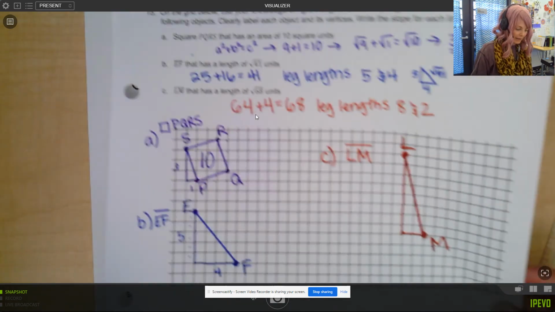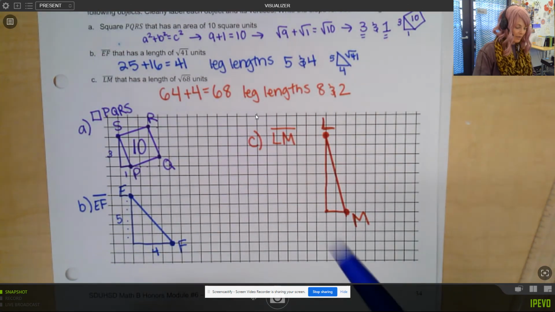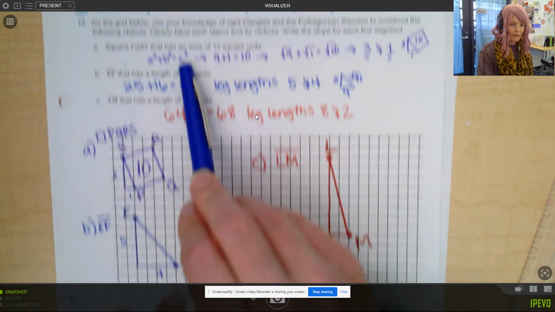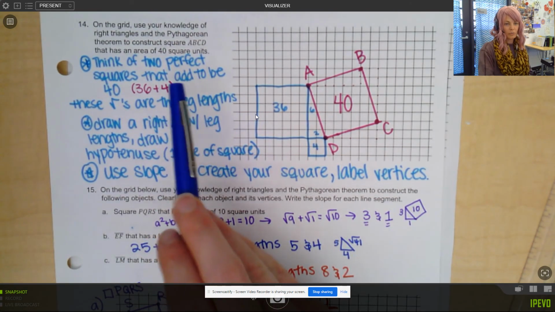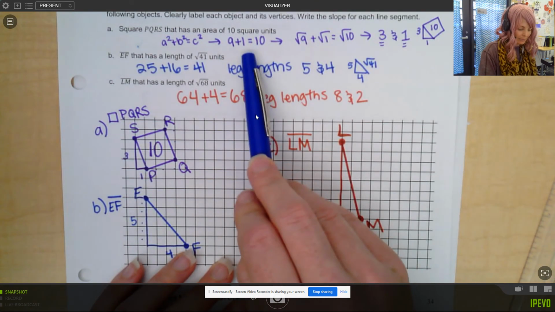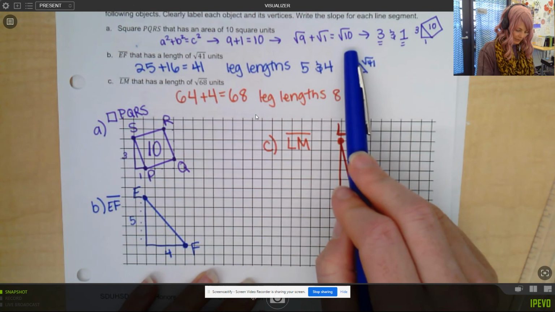Okay, so let's take a look at how we did. When I was working on A, I know that a squared plus b squared is c squared. So I had to think of two perfect squares that add up to be the area that you want. So that's 9 plus 1, which gets me 10.